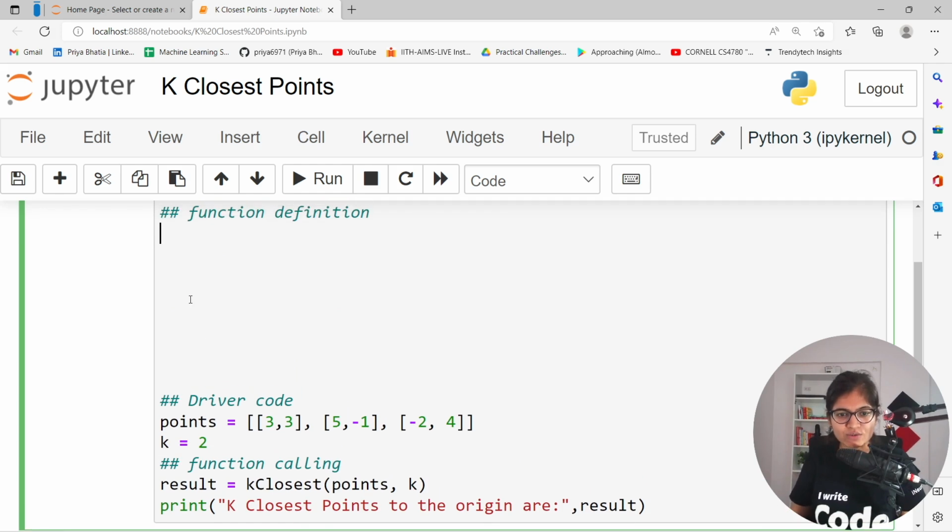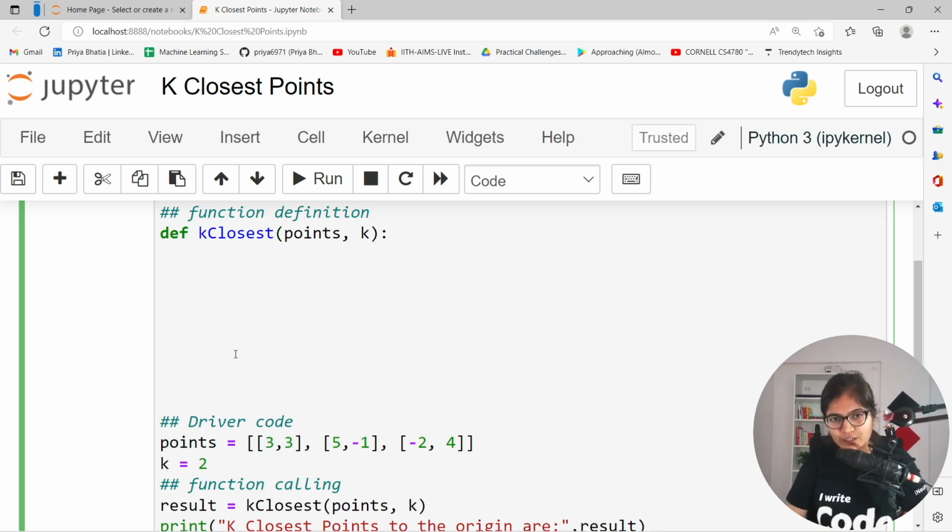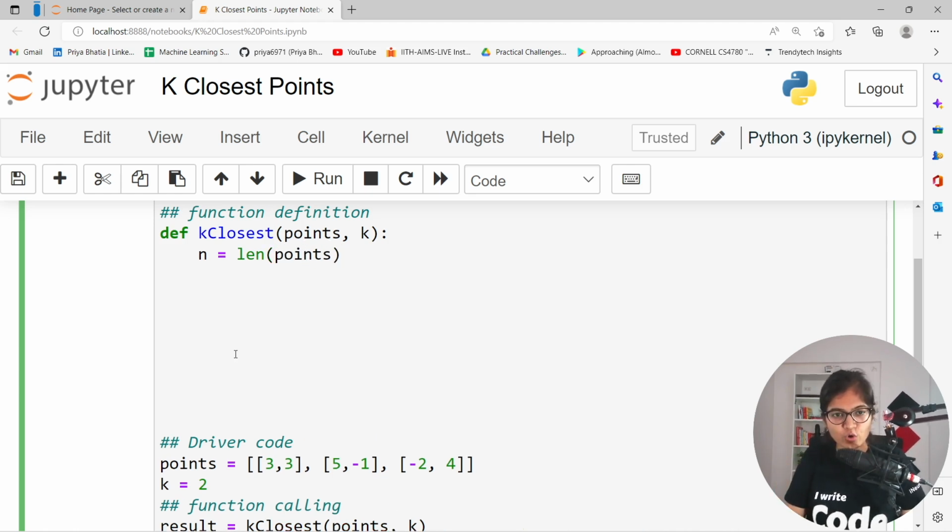Here I can define the function named k closest, which will have the points and the value k. First, let me extract the value of n, which is nothing but the length of the points that we have, because that many times I will run a for loop. What is the value of x, by the way?